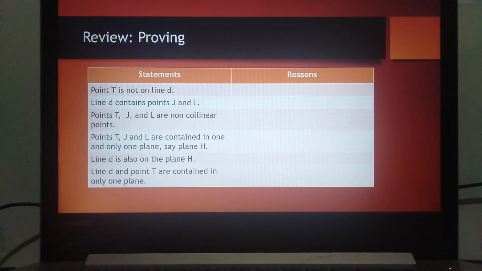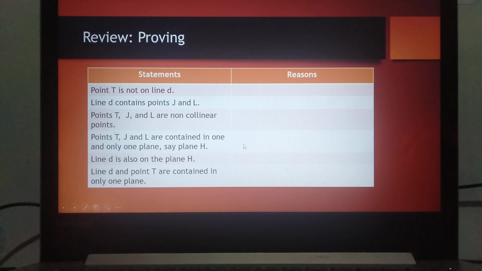Yun po yun. So, masasabi po natin na nag-e-exist ang plane whenever it has at least 3 existing points. Whether it is collinear, non-collinear, as long as it has 3 existing points.